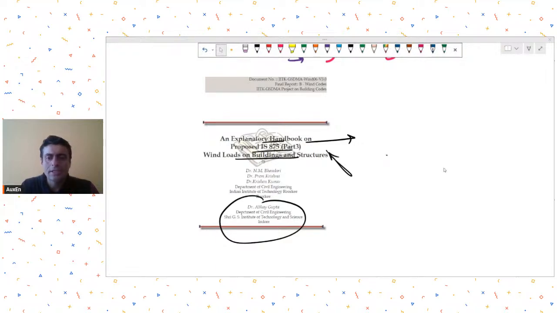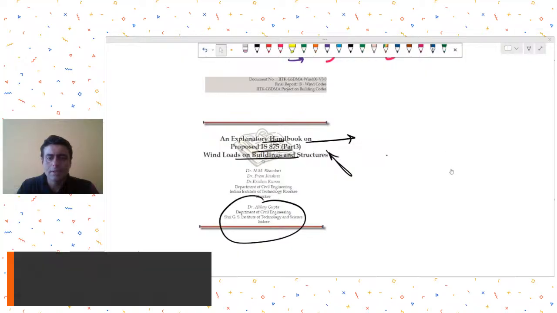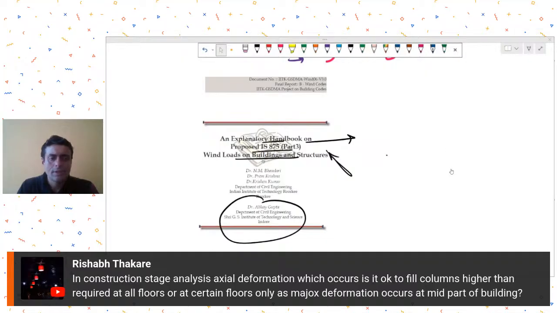All right. Let's take up some queries that have been asked in the live comments. Engineer Rishabh Thakre is saying, in construction stage analysis, axial deformation which occurs, is it okay to cast columns higher than required at all floors or at certain floors only?